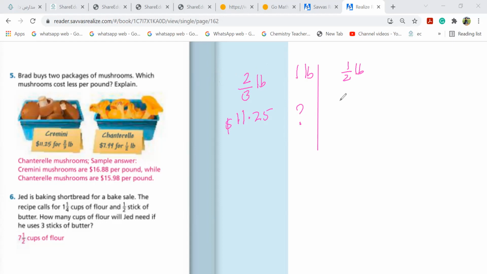You are paying 7.99. So 1 LB, you will pay how much? So it's 11.25 divided by 2/3. And this one is 7.99 divided by half. Am I correct? Yes. So let us solve this one.